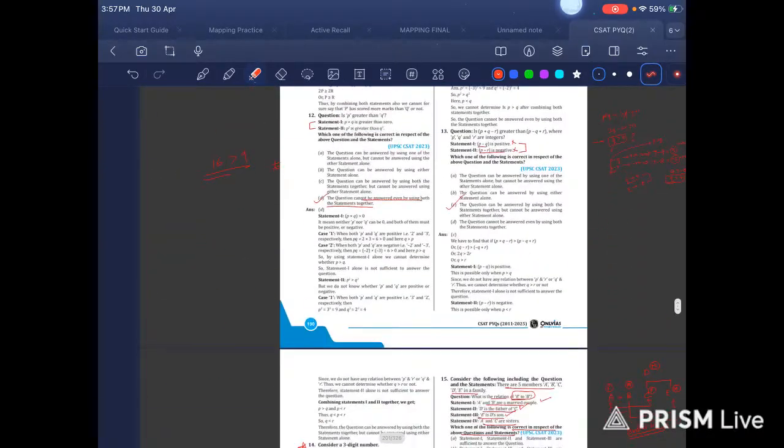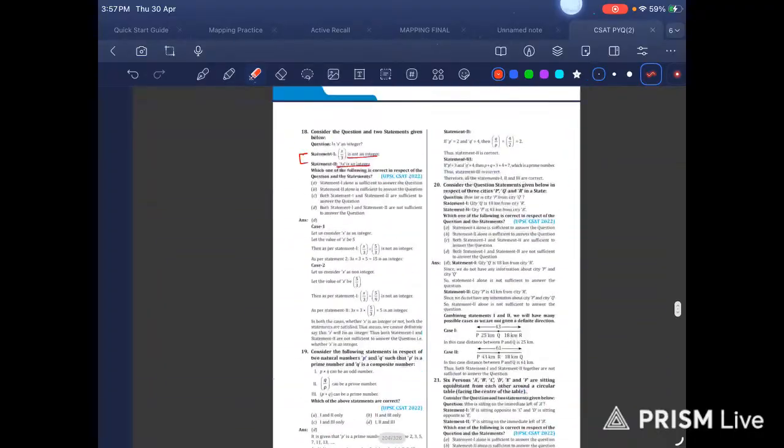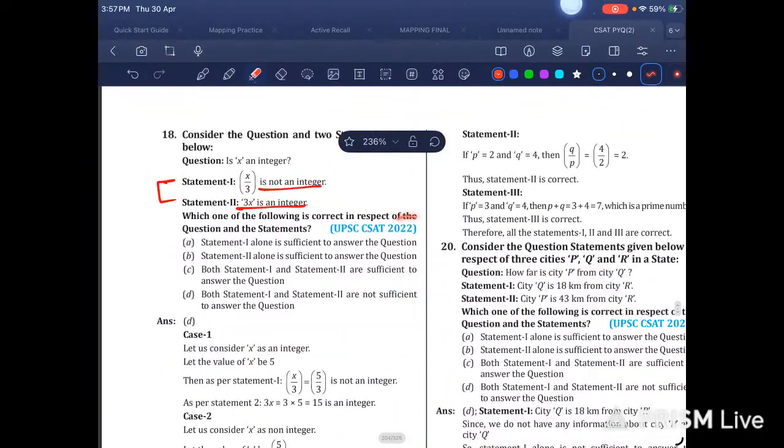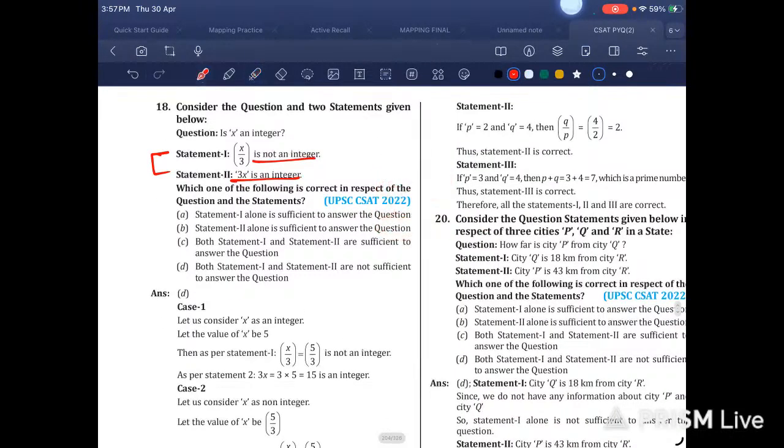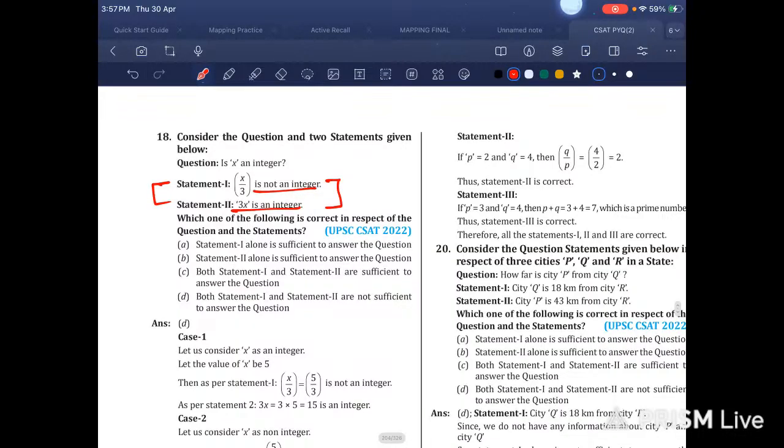Now again it was asked in which year? 2024. See, exactly 2 years later another question was asked in 2024. Same lines, same everything, and same answer also. Even if we use both these statements together, we won't get any answer, because in integers these kind of things we cannot exactly determine if it is an integer or not.